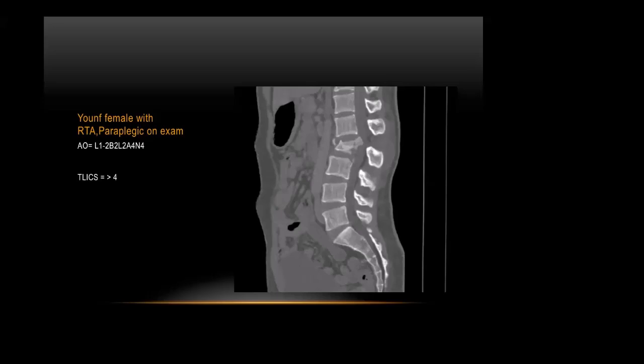Okay. And so one is showing at the level 2 there's basically a distraction injury, जो है posterior ligamentous disruption भी है. Yes. And we can see there's widening of interspinal distance, and there's a complete collapse of vertebral body, and posterior cortex disruption.